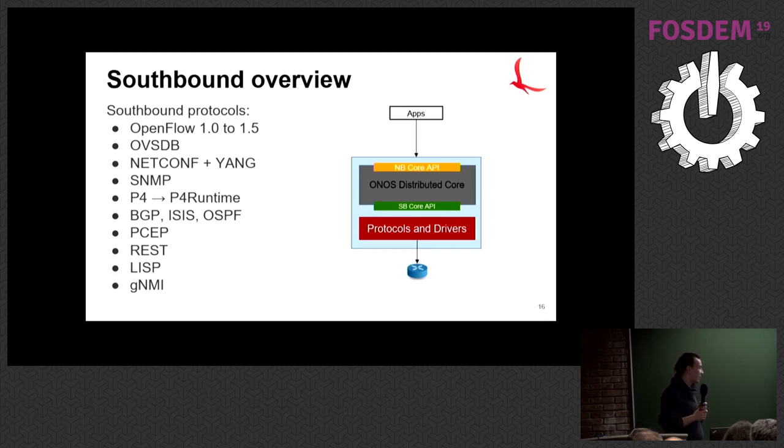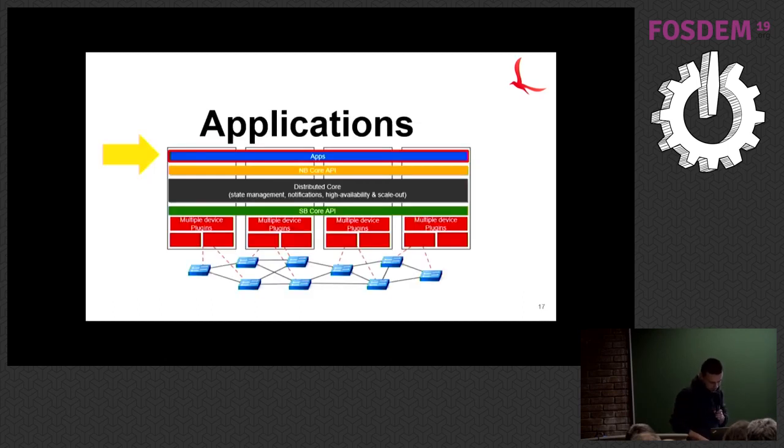P4 is a new upcoming way of programming devices, basically. And a couple of other examples, like REST or RESTconf, are very popular for network providers. These are all implemented in different ways. Sometimes these protocols are not implemented in exactly the same way by vendors. So this is what writing a driver in ONOS means.